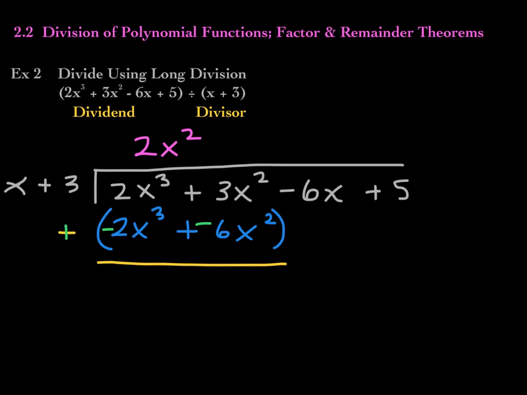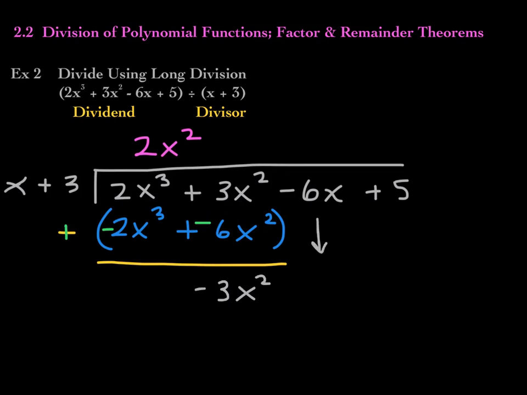You see, if we did not distribute the negative like I recommended, I'm afraid that some of us might write 3x squared plus 6x squared is positive 9x squared, which would be wrong. So you've got to be very careful. This is really subtracting 6x squared from 3x squared. That's the reason why I'm having you use the parentheses and distribute the negative. That way we don't make a sign error. So this should be negative 3x squared.